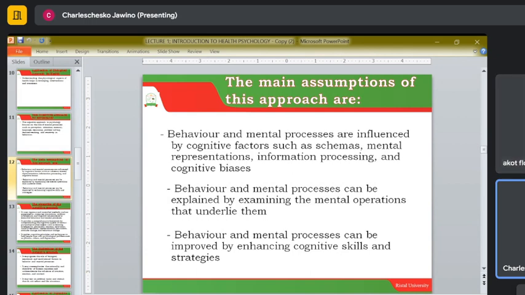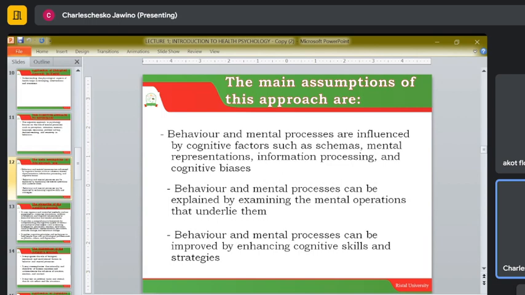The cognitive approach also assumes that behavior and mental processes can be explained by examining the mental operations that underlie them. For example, the way you behave as an individual, and which mental operation is connected to your behavior: thinking, reasoning, memory.